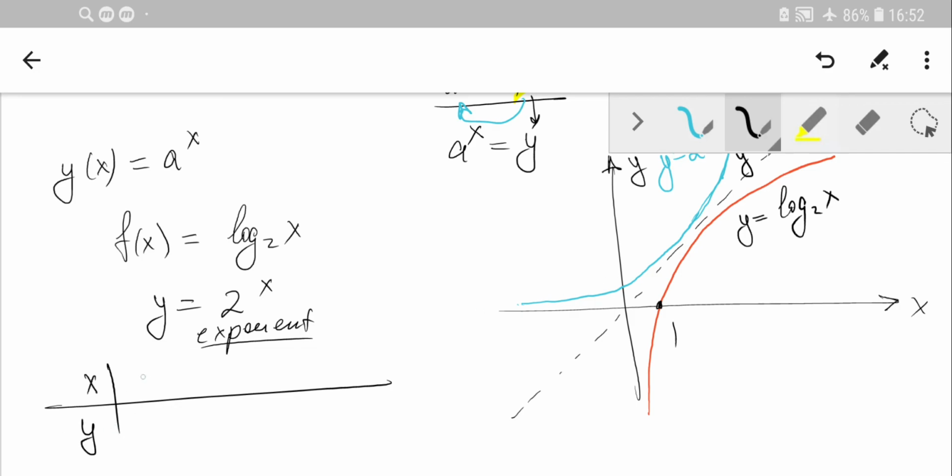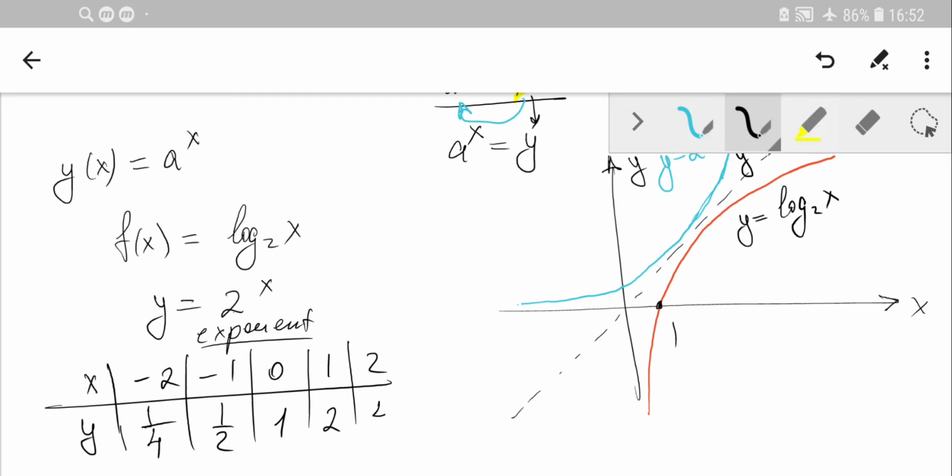So for example, let's take -2, -1, 0, 1, and 2. Let's calculate the corresponding values for y. We'll get 2 to the -2 is 1 over 4, in total. And 2 to the -1 is 1 over 2. Then 2 to the 0 is simply 1. 2 to the power 1 is simply 2, and 2 squared is 4.